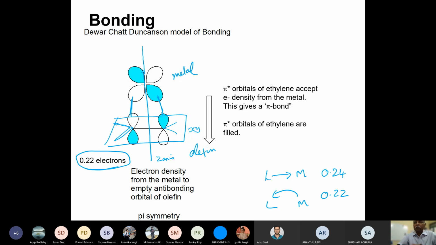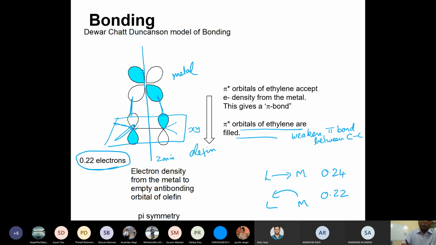That's the question. We are populating pi star orbitals on the ethylene, and so we will weaken the pi bond between the two carbons.